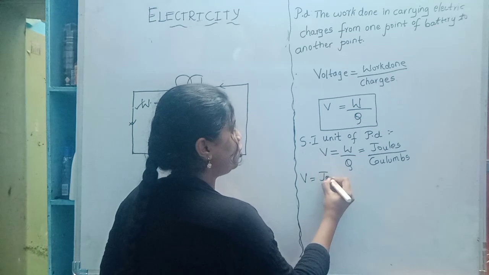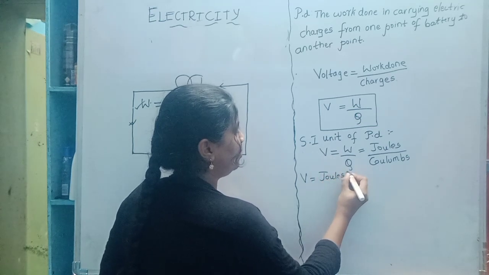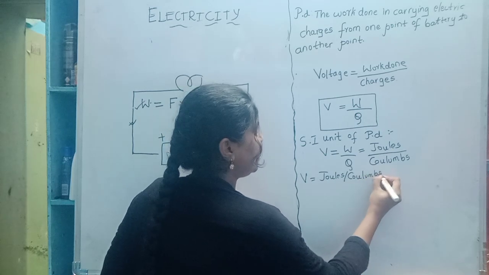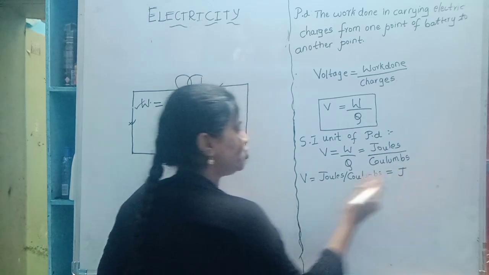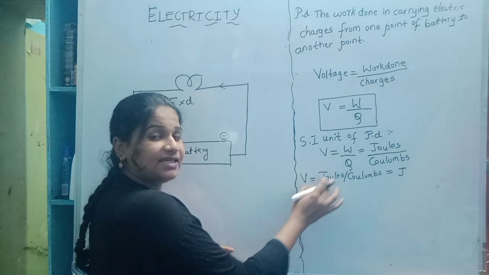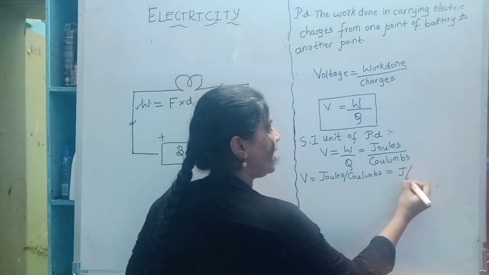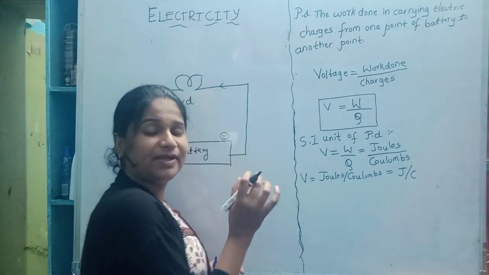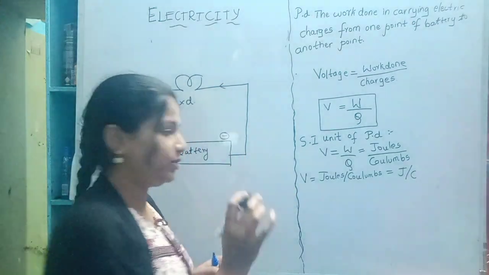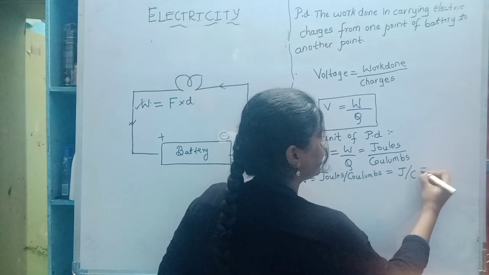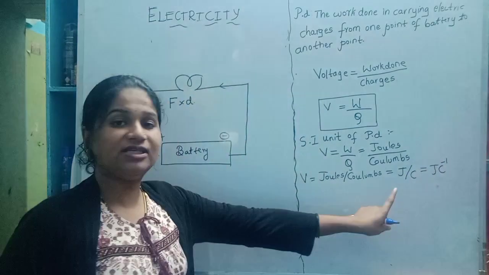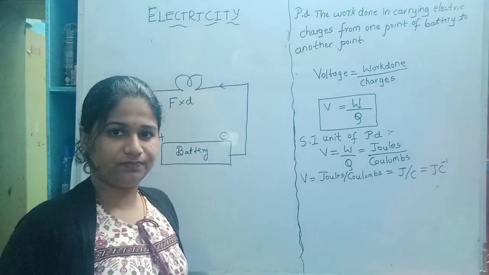It is joules per coulomb, or we can write symbolically J by C. Joule is represented by capital J, and capital letter C is the representation of the coulomb. Joule per coulomb, or we can write J C raised to minus 1. So this is the SI unit of voltage.